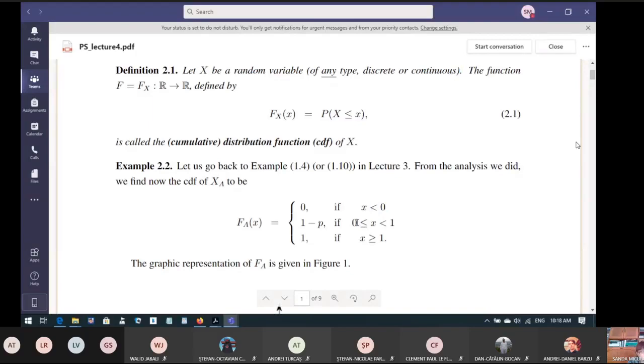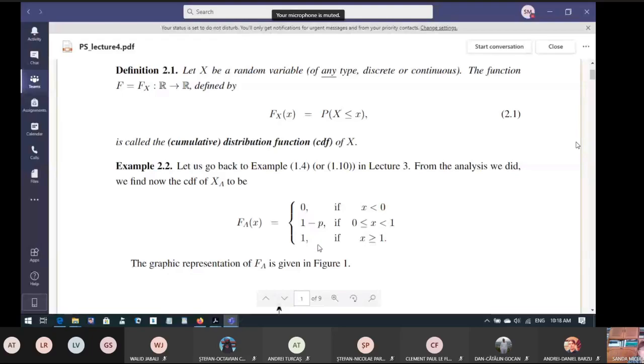So 0 is included here in the second branch of this function. On the other side, the other endpoint at 1, again, we cannot include it here because X also takes the value 1, capital X, the random variable. So if we include 1 here, both the values that the random variable takes, 0 and 1, would already be here. So equality goes here.